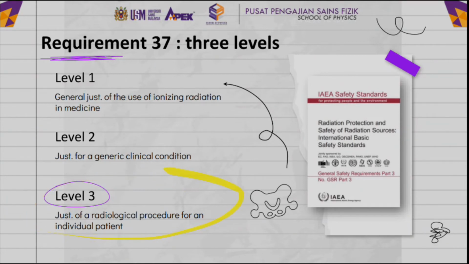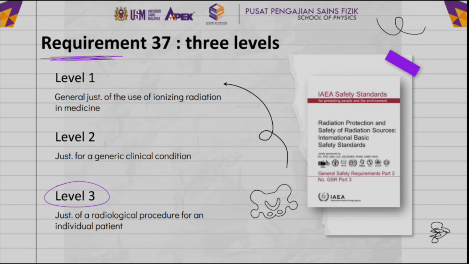Next is level 3, which is the justification of a radiological procedure for an individual patient. For this justification, the specific objective of the exposure, the clinical circumstances and the characteristics of the individual involved should be taken into account.